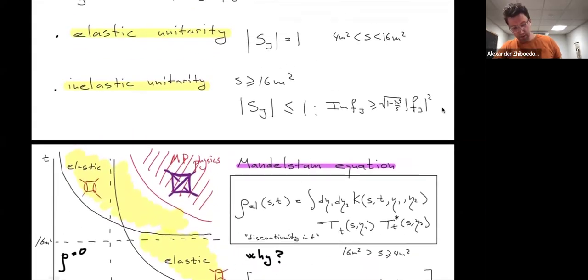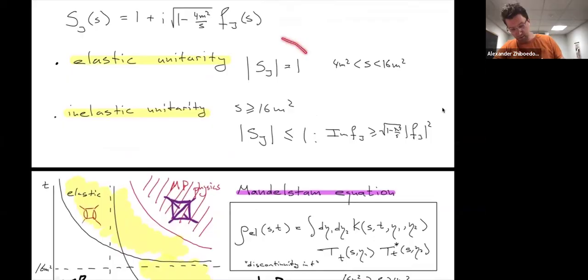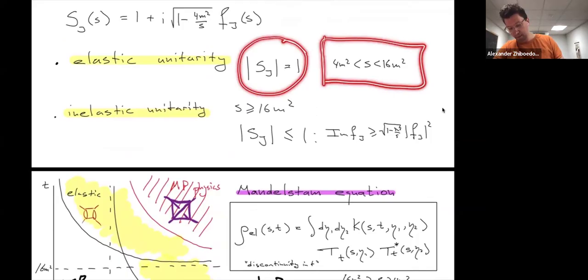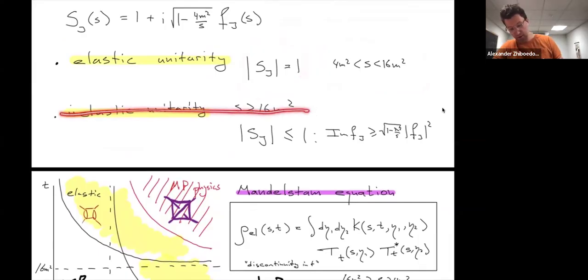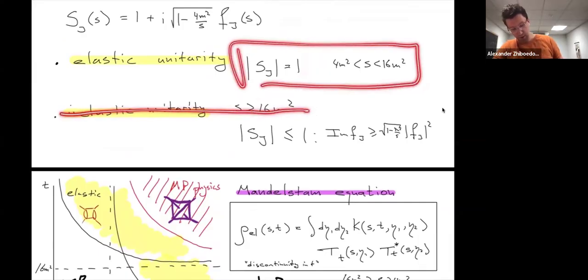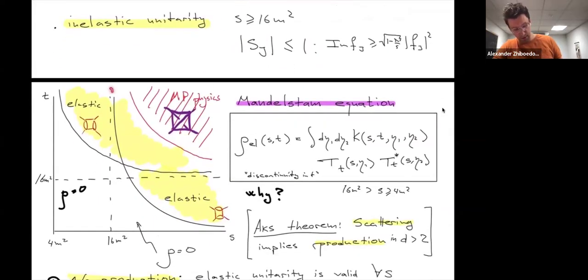It means that this equation now holds not just in the strip, but for any energy, right? Because there is no production, so this is trivially true, so we can use this equation for any energy. Which means that here I drew this dashed line, but I don't have to draw it anymore, and this Landau curve controls correctly the double spectral density for any energies.